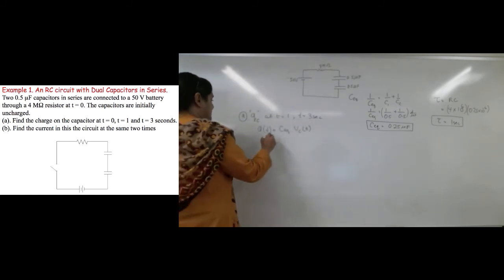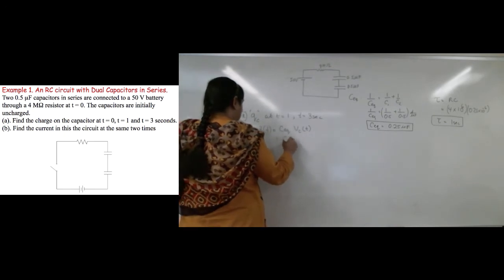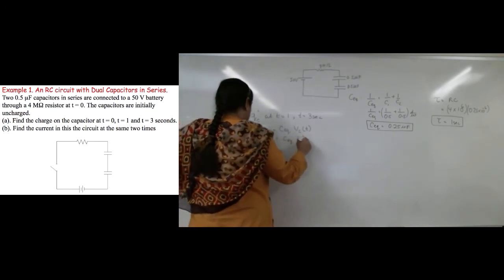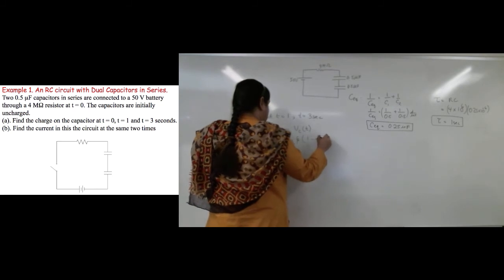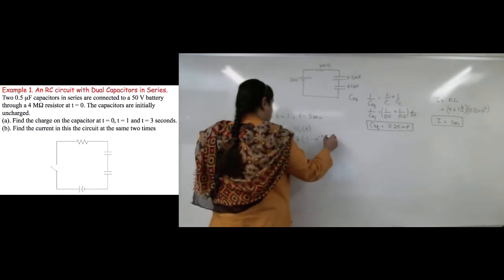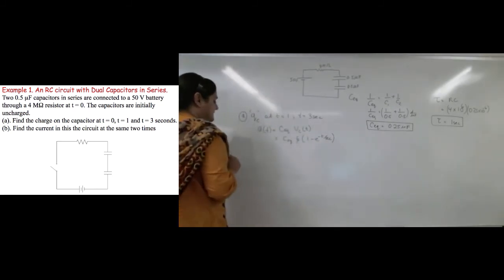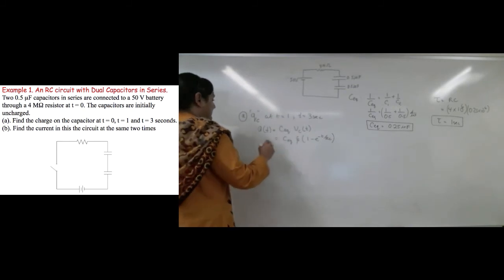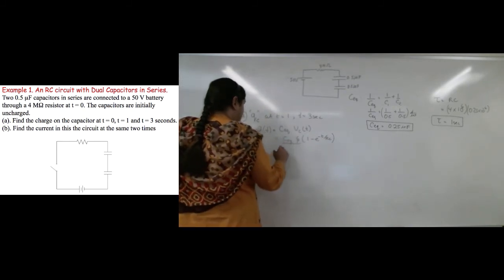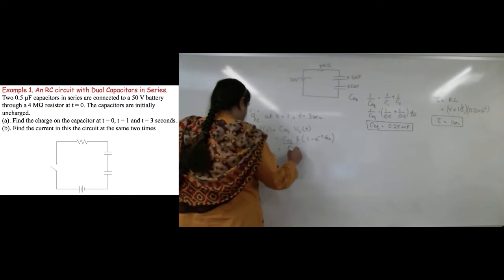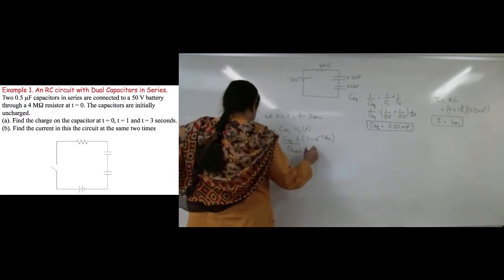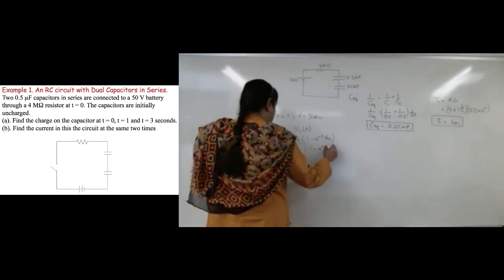Which means this will be C equivalent times epsilon times 1 minus e to the minus t over RC, or the time constant. This is equal to Q total times 1 minus e to the minus t over tau.